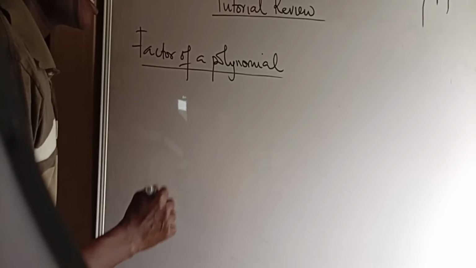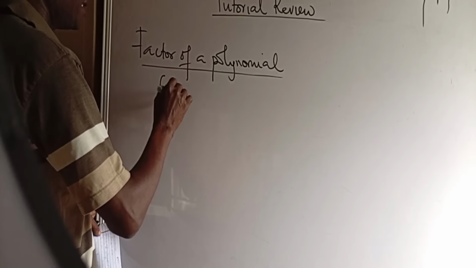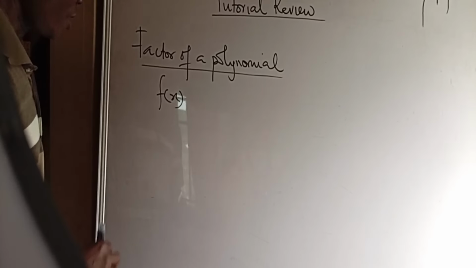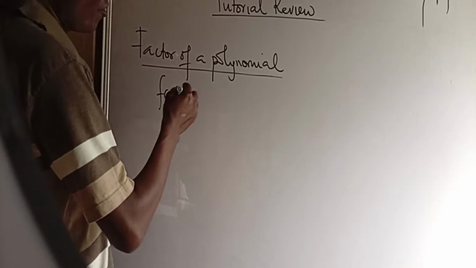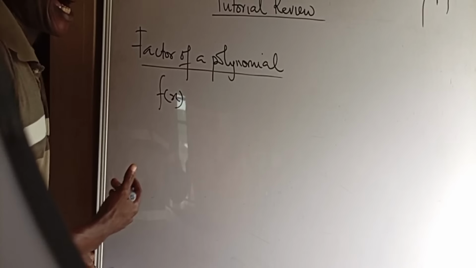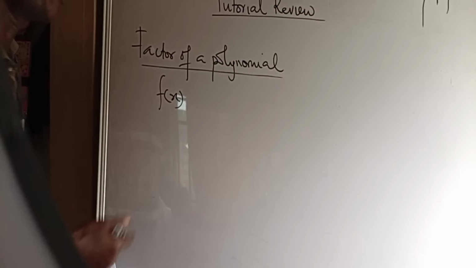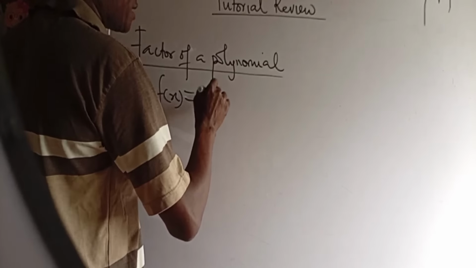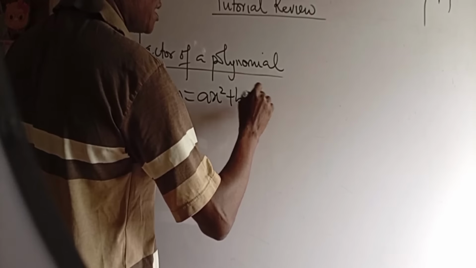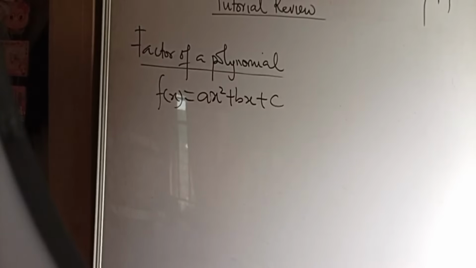For example, if f of x is a given polynomial, let me take a quadratic expression as an example, say ax squared plus bx plus c. This is a general quadratic expression.